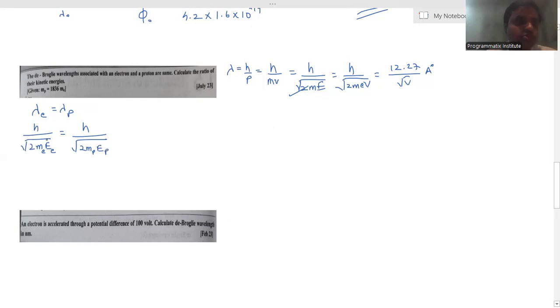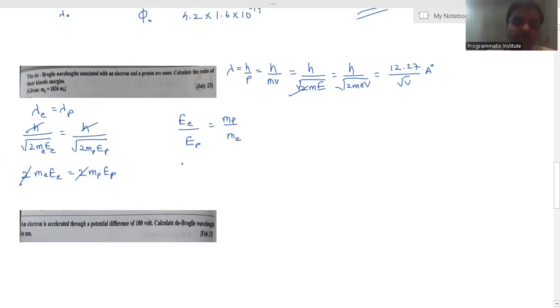You can cancel out h, and square on both sides. After squaring, you get mE EE equals 2 mP EP. Again, 2 and 2 get cancelled out. So you get EE upon EP equals mP upon mE.